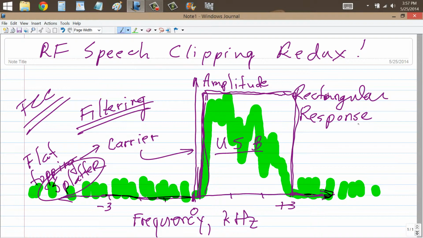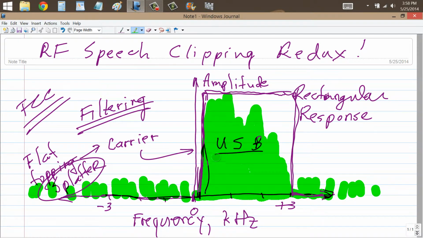Now the trick to doing this is that you need to make sure that that filter response is properly centered on the signal energy. You see, you're not doing this in the audio stages, you're doing it at radio frequencies.